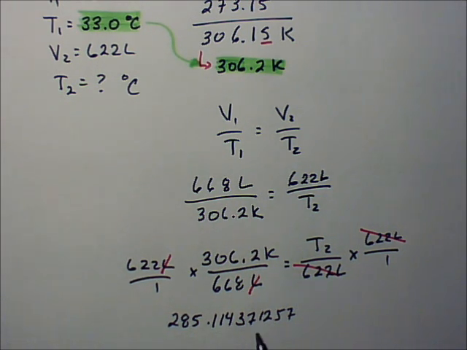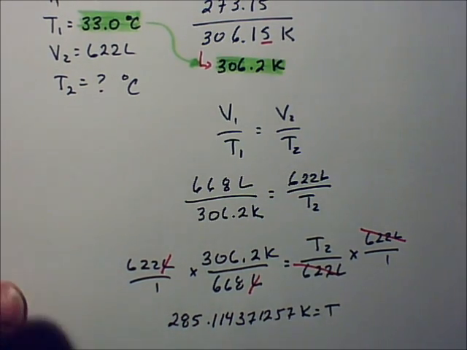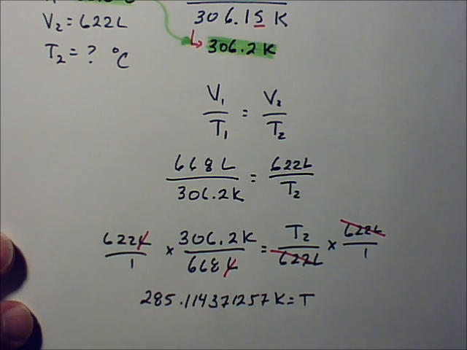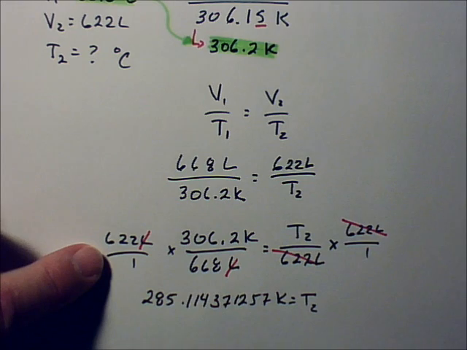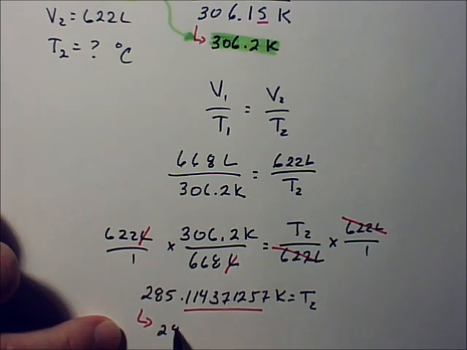So your calculator just doesn't have the same number of digits that mine does. All right. And this is Kelvin and equals T2. We can go ahead and round this off then to the right number of digits, 3 digits. And we get 285 K equals T2.